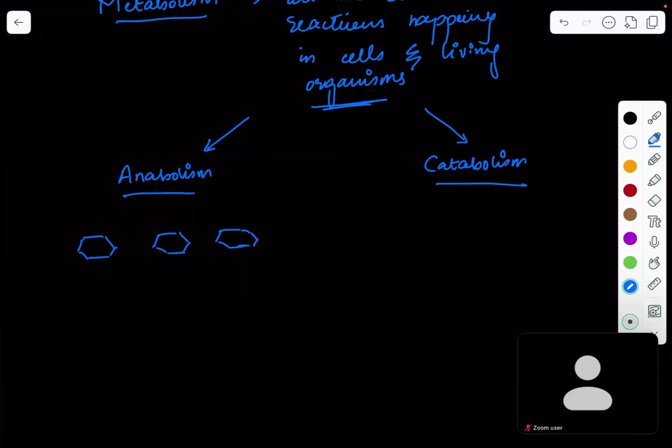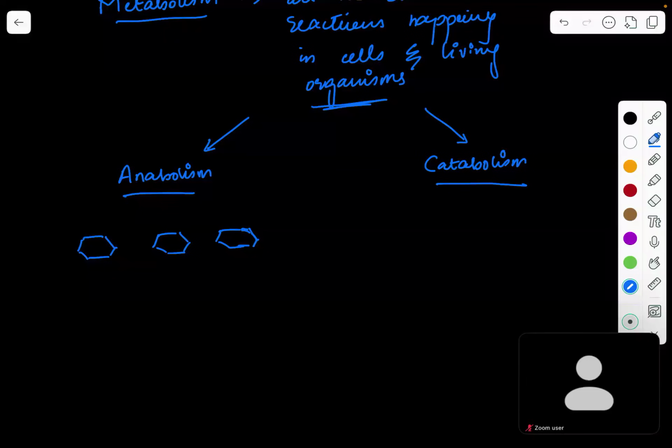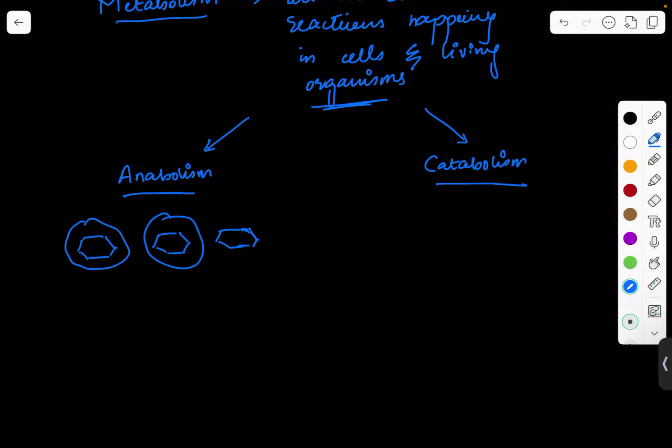So anabolism, right? So we're talking about anabolism, and I said anabolism is when small molecules, maybe we should change the color slightly so it's more clear. When small molecules, they come together and they form bonds and create a larger molecule.